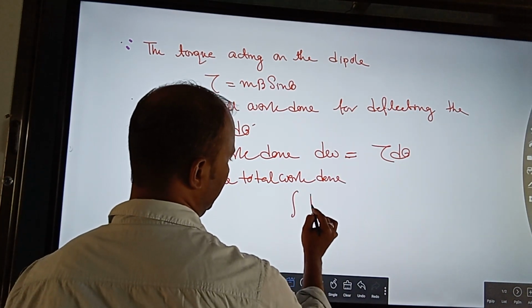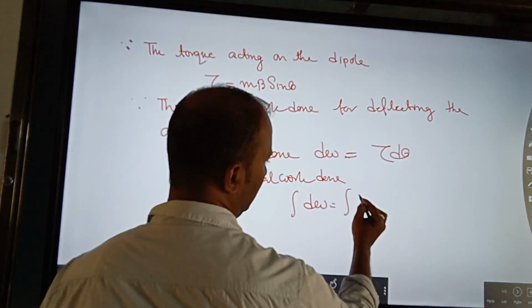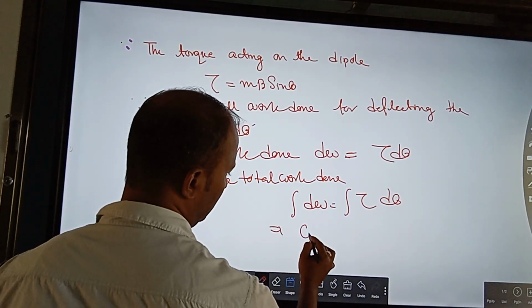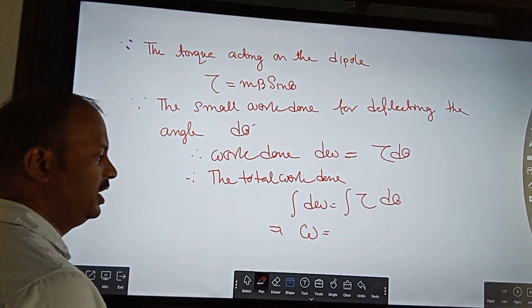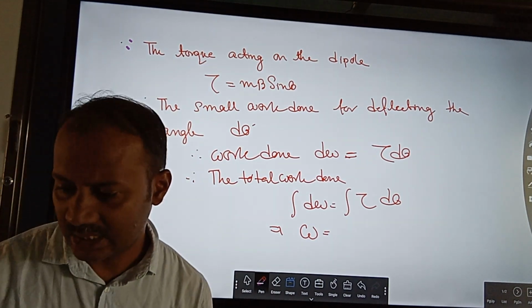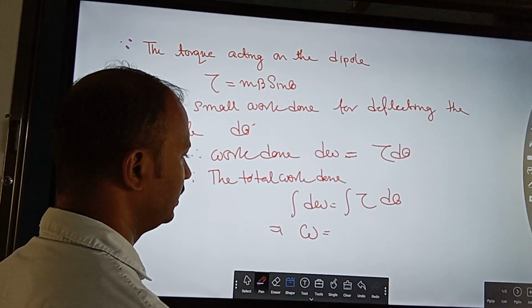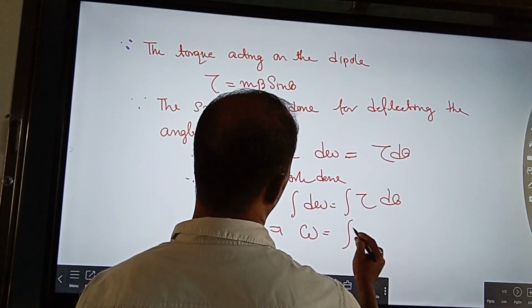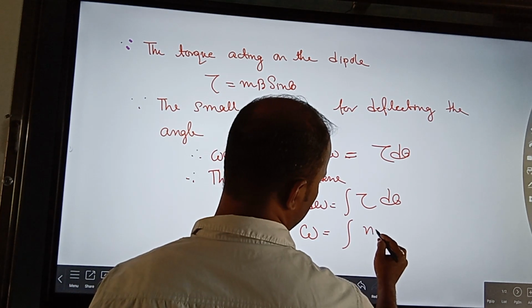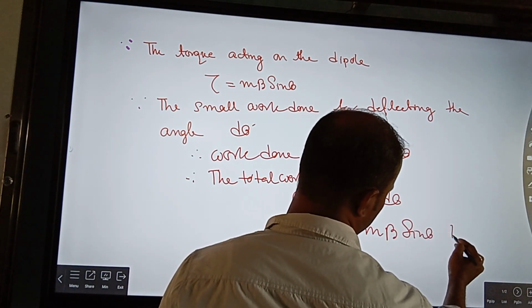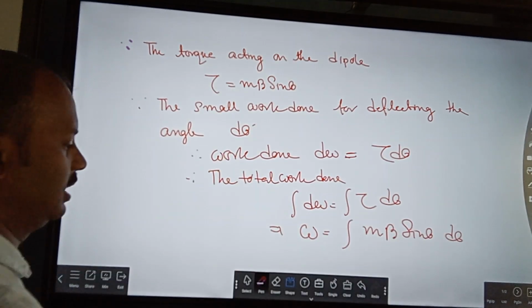We have to integrate both sides, tau into d theta. क्या मिलेगा हमको? Integration dW is equal to W. So integration tau का फॉर्मूला क्या है? mb sin theta into d theta.